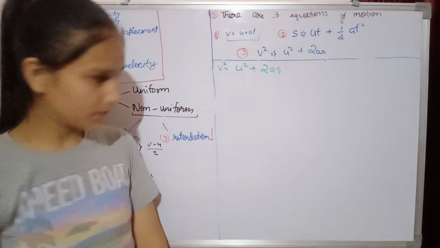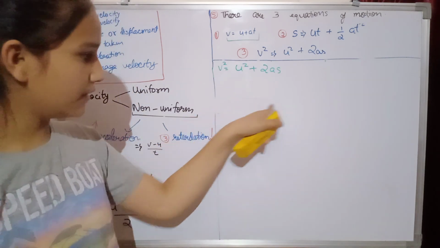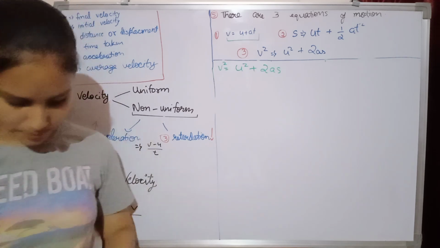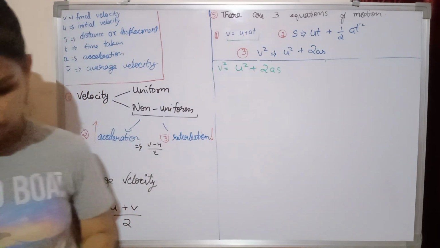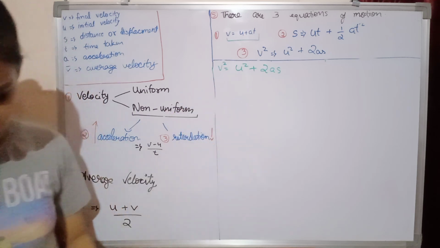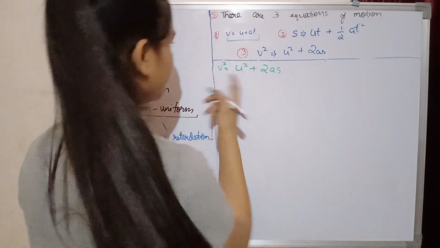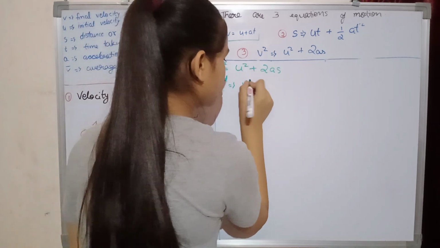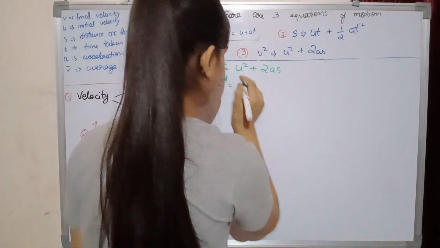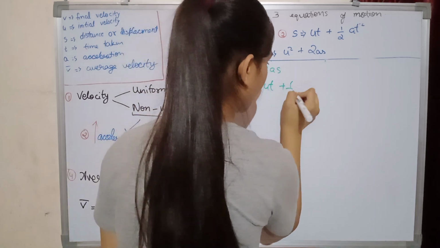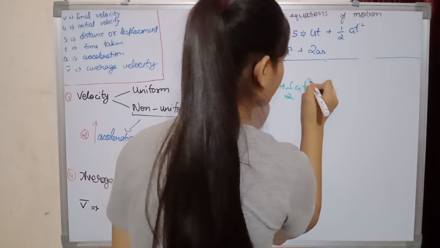Now here we have to find the value of S, so that we will be able to derive this equation of motion. So from the second equation, we get S is equals to UT plus half AT square.